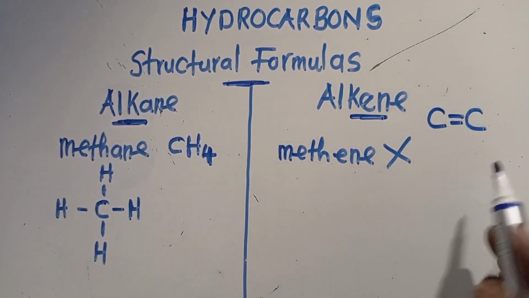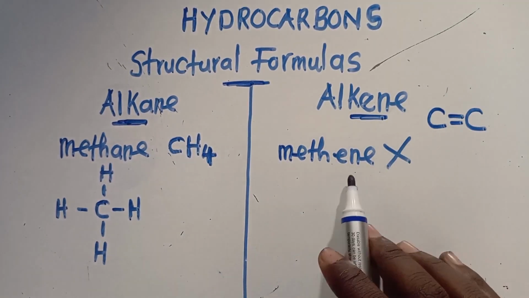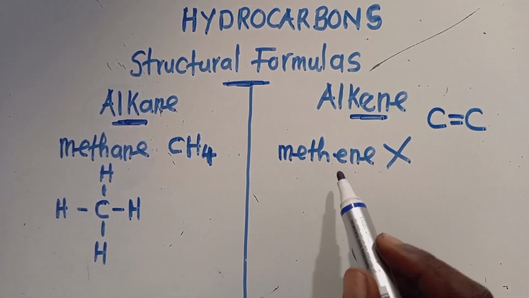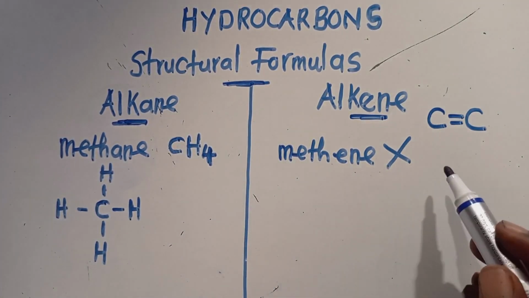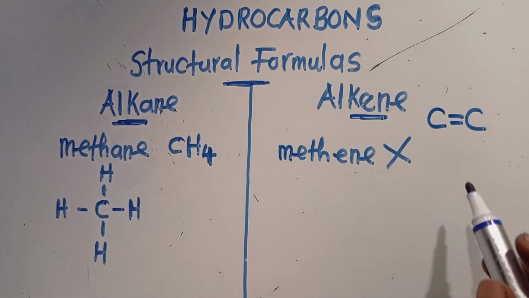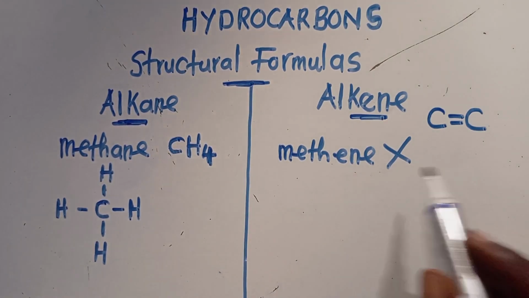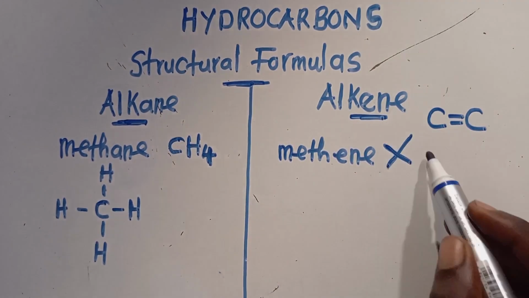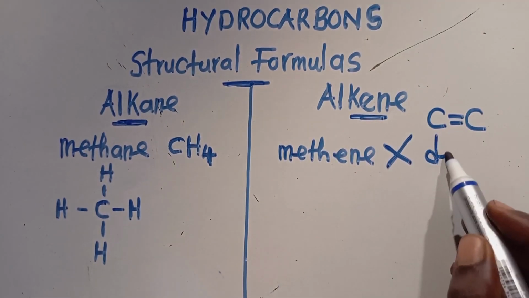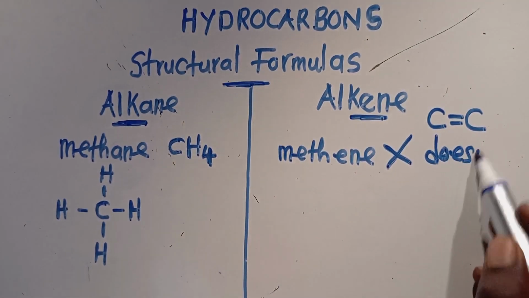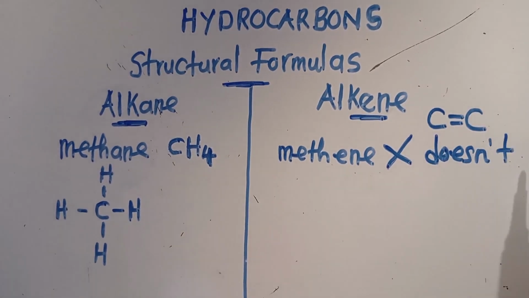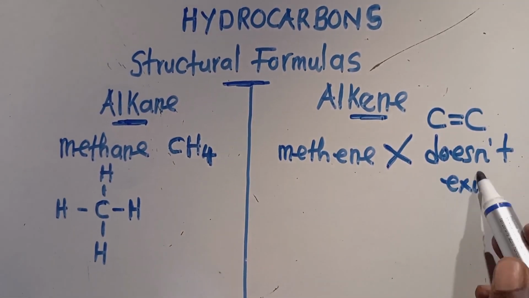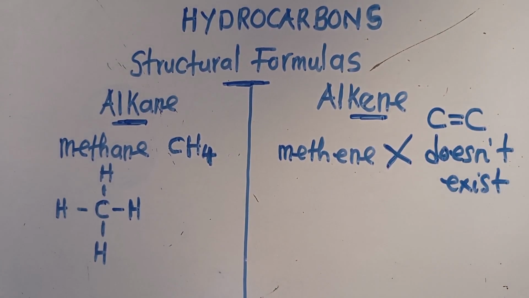So we need to have a double bond, but when I say methane, meaning that the number of carbons is 1. If the number of carbon is just 1, how can you have a double bond? So there's nothing like this. It does not exist. This is what you are supposed to know.